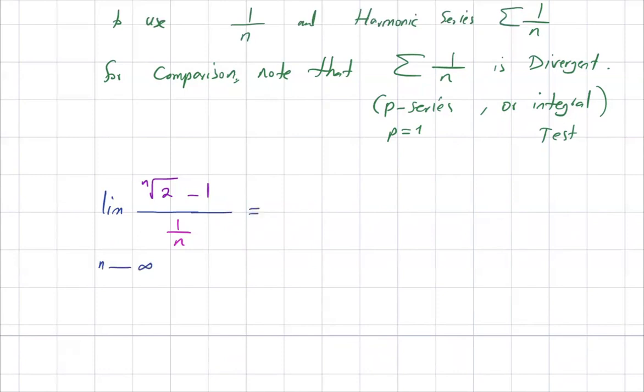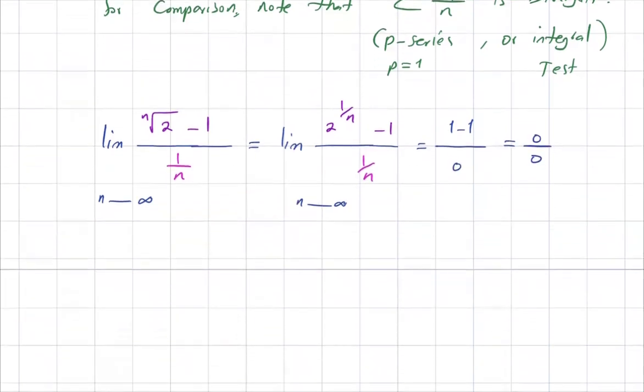This is basically the limit of 2 to the power 1 over n minus 1, divided by 1 over n, as n goes to infinity. So you get 1 minus 1, which is 0, divided by 1 over infinity, which is 0. So you have 0 over 0. Let us apply L'Hopital's rule.